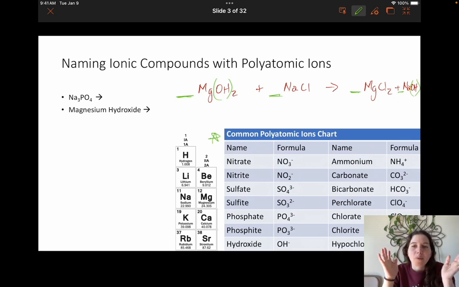So magnesium, we've got 1 and 1 on both sides. It's balanced. Hydroxide's not. We've got 2 OHs on the reactant side, and we've got 1 OH on the product side. So we need to balance this. It's not balanced. Our chlorines are imbalanced too. We've got 2 and a 1.